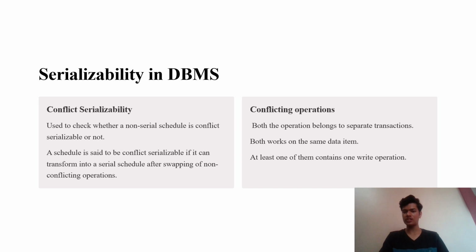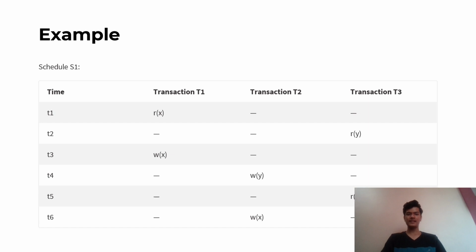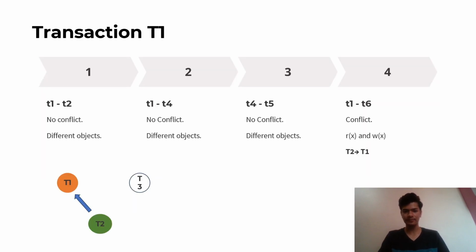First, both the operations belong to separate transactions, both work on the same data item, and at least one of them is a write operation, like write-read or write-write. For example, here you can see there are three transactions T1, T2, T3, and there are 6 time slots t1 to t6, and we are performing read and write on two objects X and Y.